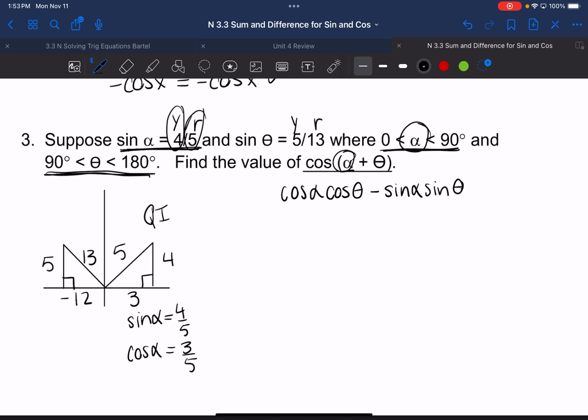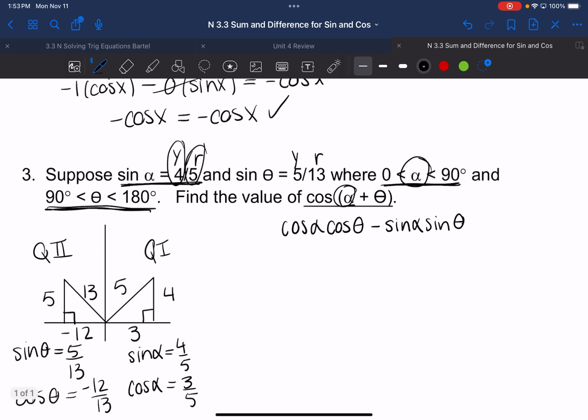Okay. All right, and then for quadrant 2 over here, we were told sine of theta was equal to 5 over 13, but now you guys should also be able to tell me what cosine of theta is. What's that? Negative 12 over 13. Perfect.